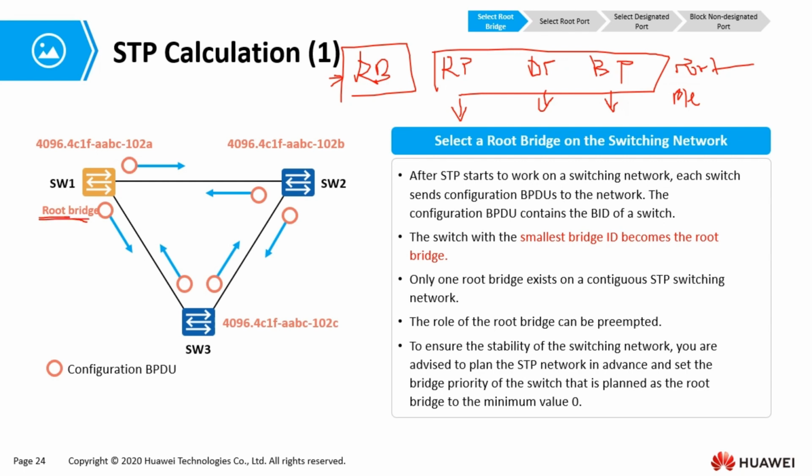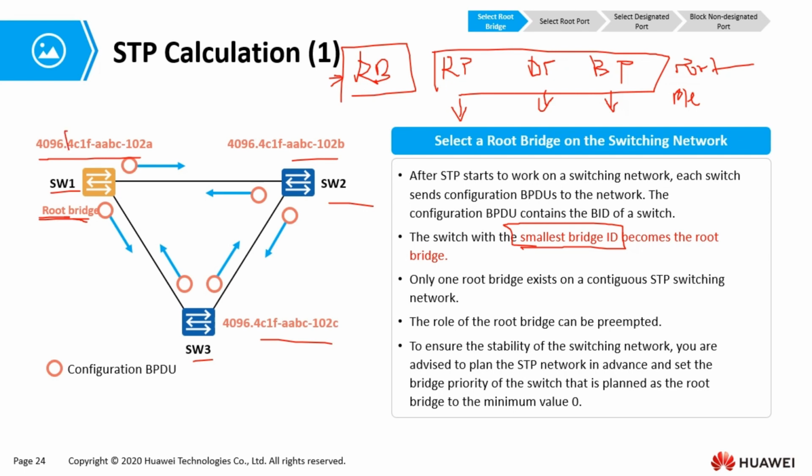So the root bridge, how are you going to decide? Remember, in the initial slide I mentioned it is based on your bridge ID. The smallest bridge ID will become the root bridge. Looking at this topology, there are 3 switches: 1, 2, and 3. First, we look at the bridge priority.